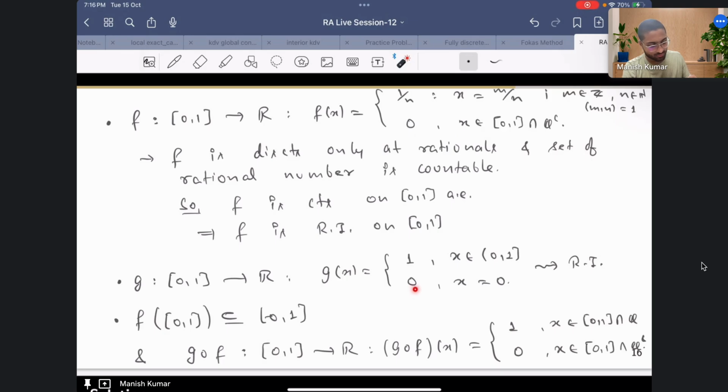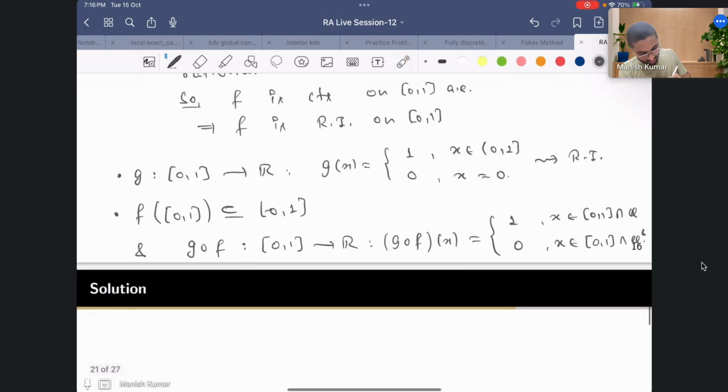So that's why it's coming out to be 0. Now we have already seen that g composed f is not Riemann integrable, and this we have seen in question 1.